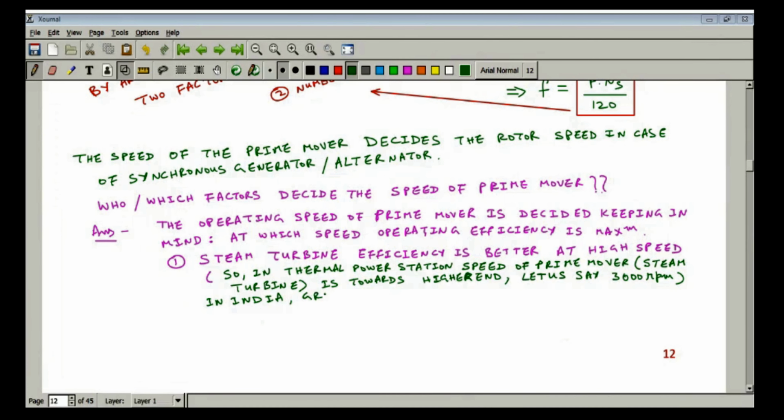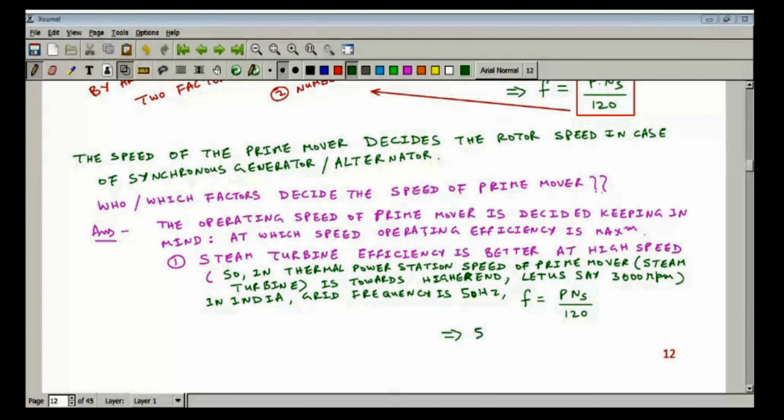In India, grid frequency is 50 Hz. Now you can use the formula F equals P Ns by 120.